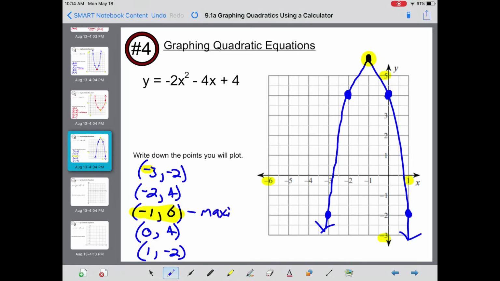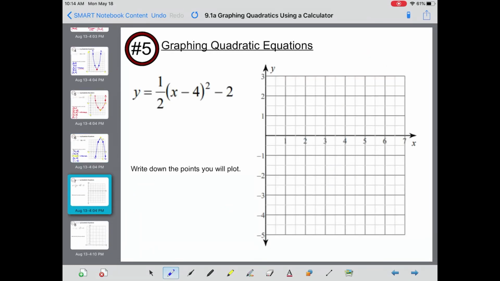Okay, and this time we have a maximum at -1, 6.